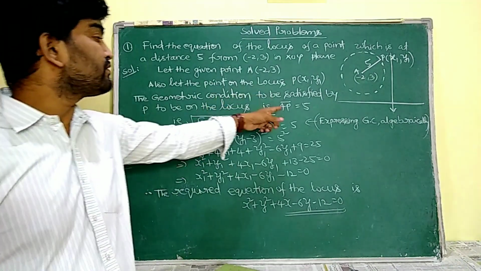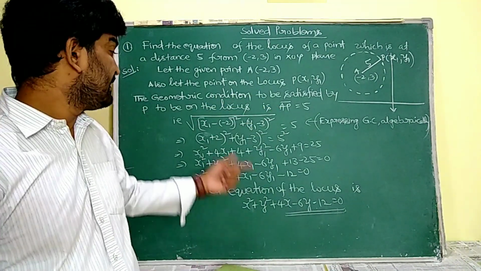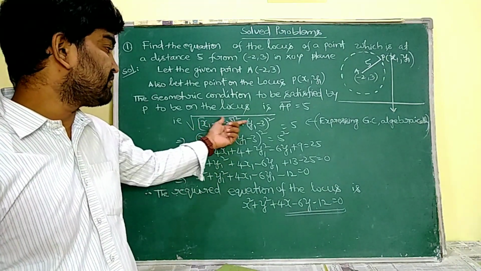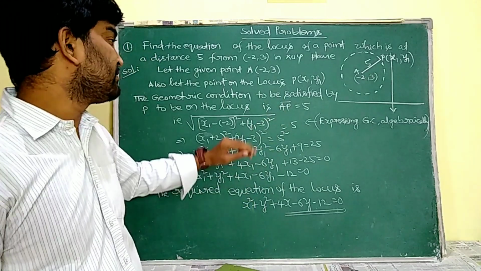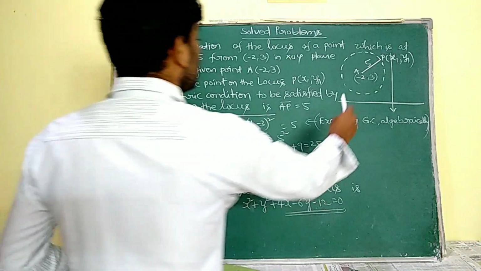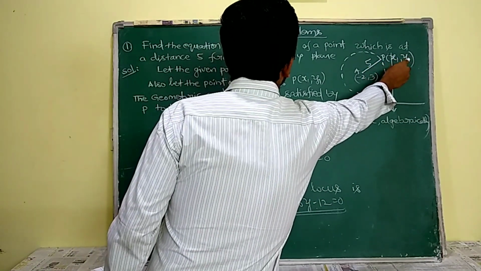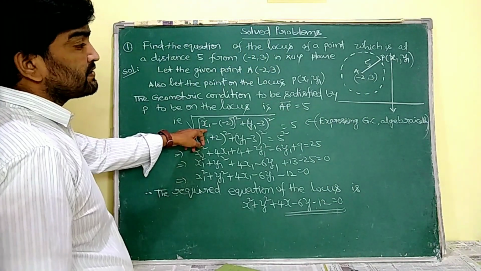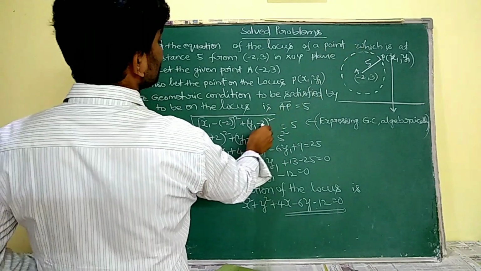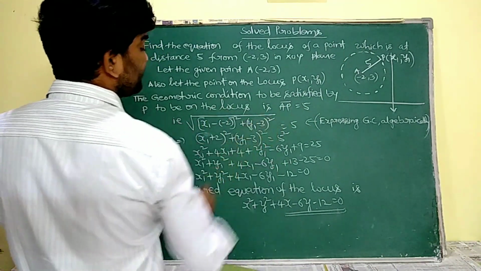For that I am going to use the distance formula: AP is the square root of (x2 minus x1) whole square plus (y2 minus y1) whole square, equal to 5. So this is x2, y2 and this is x1, y1. So x1 minus of -2, y1 minus 3 whole square under root is equal to 5.